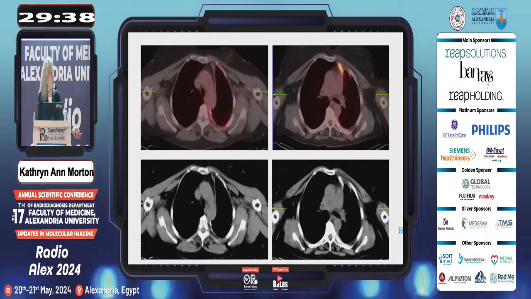This is a patient who had breast cancer and had talc pleurodesis, and you can see increased uptake where the talc is. This is also a host reactive change. The talc incites a very strong inflammatory reaction, which is one of the ways that it fibroses the pleura and is effective. So that's a normal finding, does not necessarily mean recurrent tumor within the pleura.